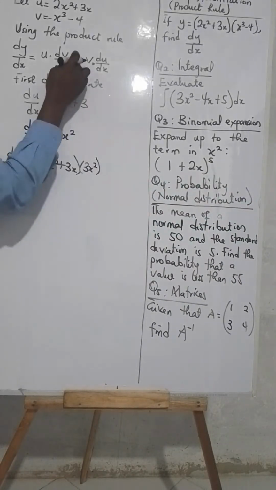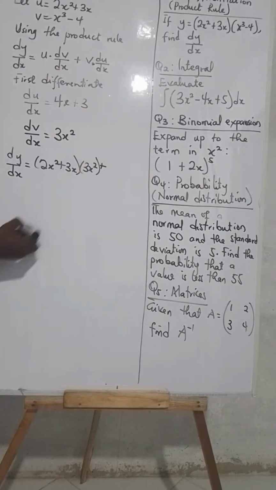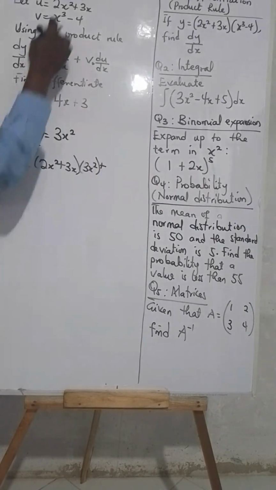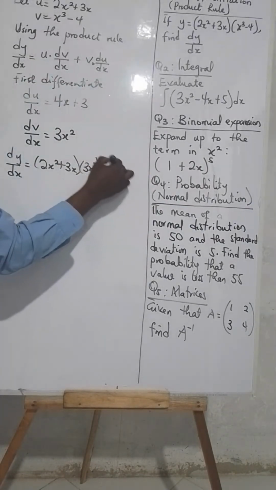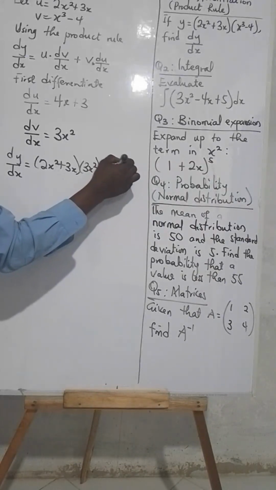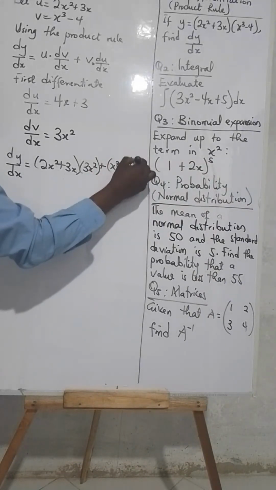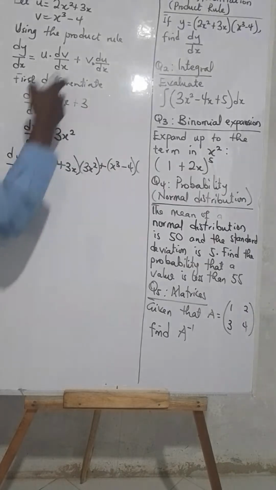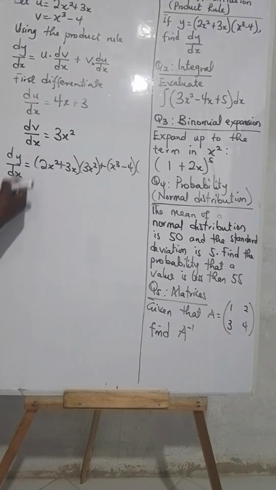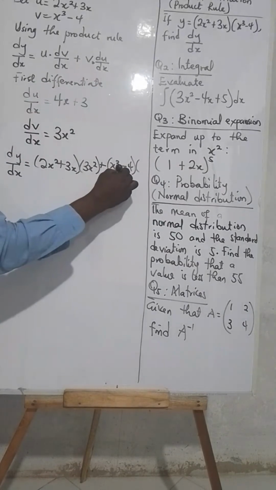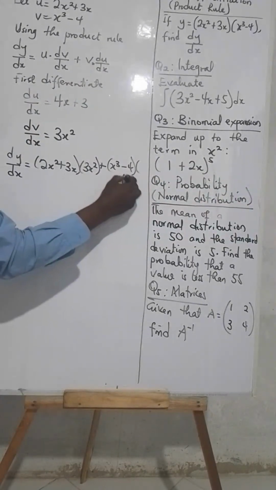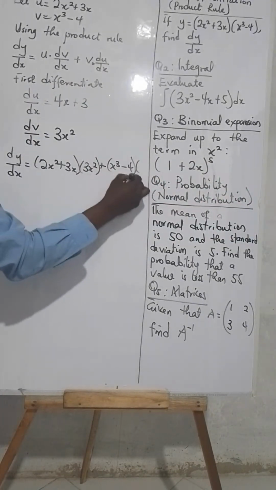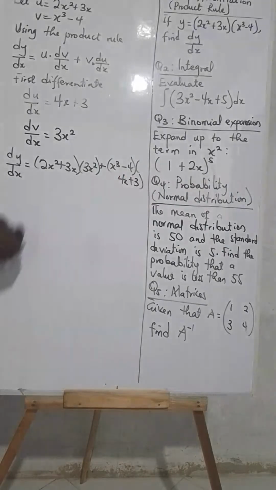Right. So plus our v. The v, we have x exponent 3 minus 4. So we multiply by du dx, which is 4x plus 3. Right. So after that, you have to find the expansion from here.